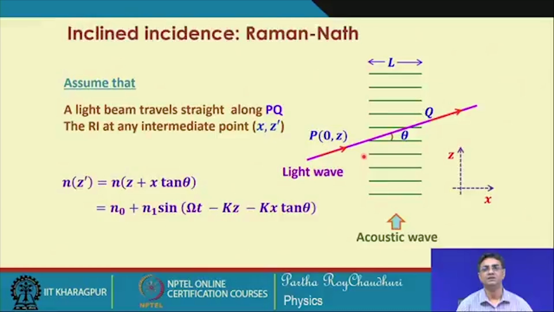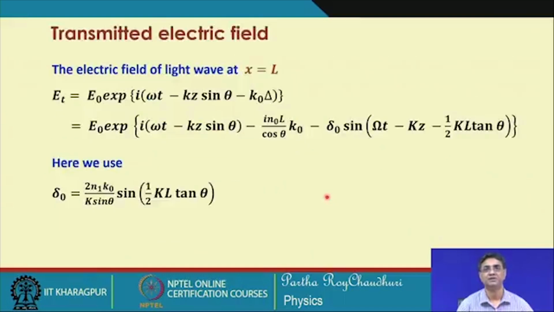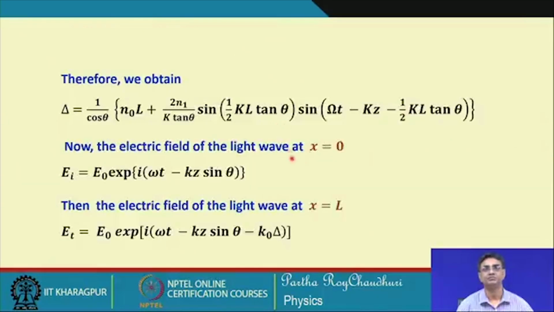That is not just straightforward, but it is the cumulative effect, because the light wave has moved from here to here. So it has seen different refractive indices, delta n values all along its length, which is now integrated over when it appears here at x equal to L. This wave will have a cumulative change in the excess phase, that is given by this, this is the excess phase.